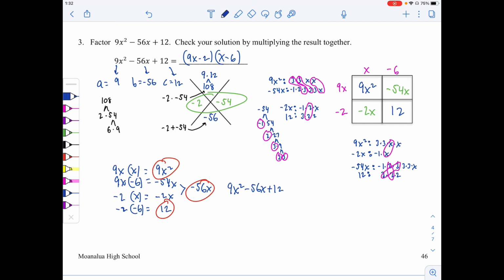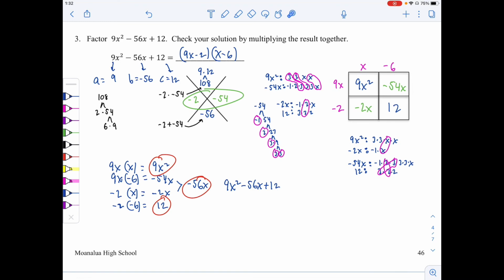Right, so these ones, you have A, B, C. AC on top, B on the bottom. If it's a large number, you can break it down with a factor tree and use these factors. You could use 2, 6, 9. You could use 12 or 18. These are factors that could work.